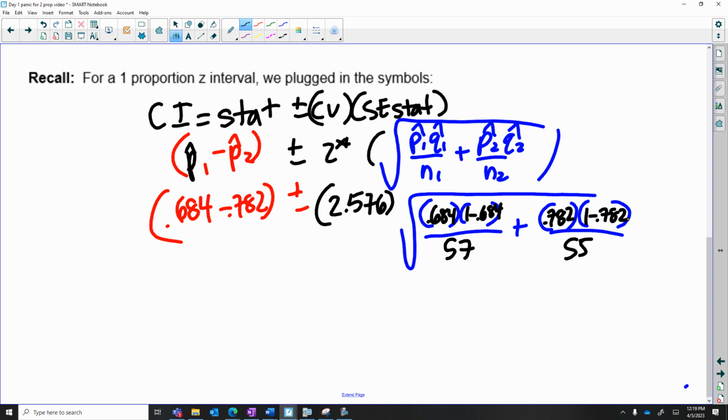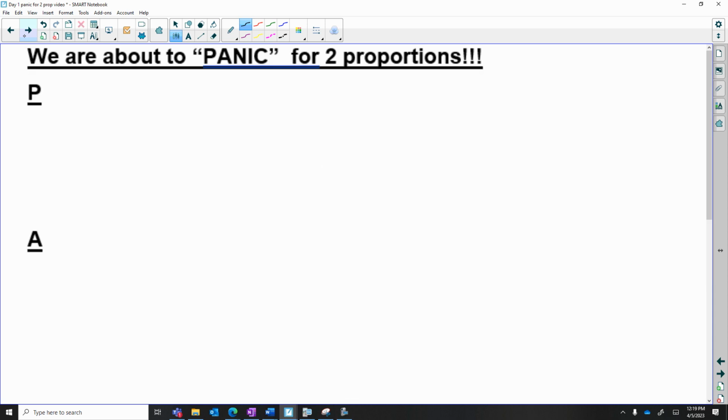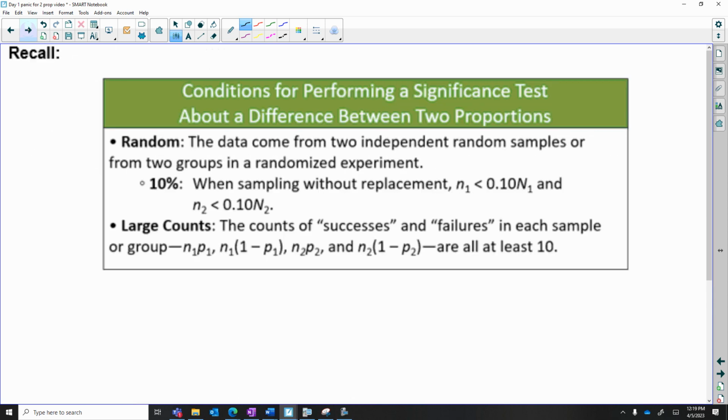Now guess what, guys? You don't actually have to do this out by hand. That would be really annoying. What you can do is go to your calculator.